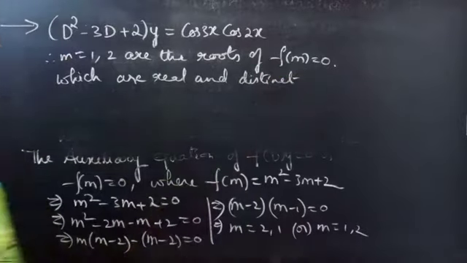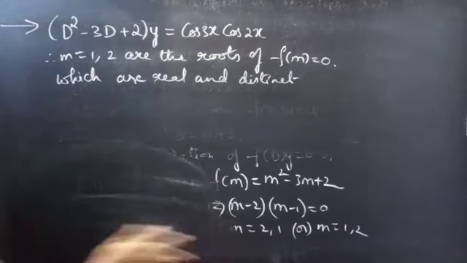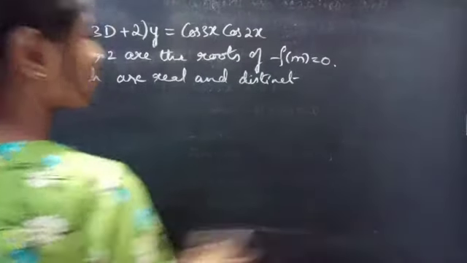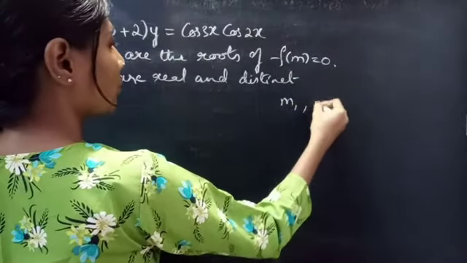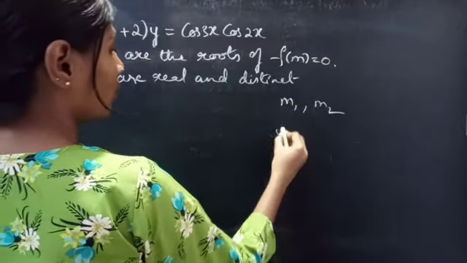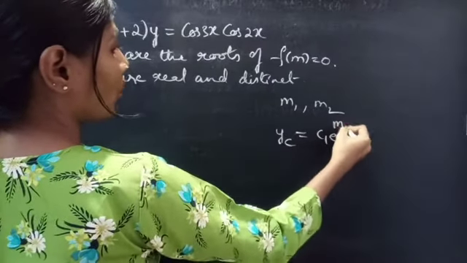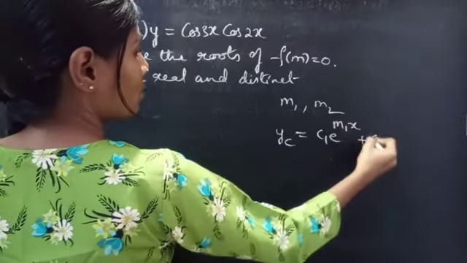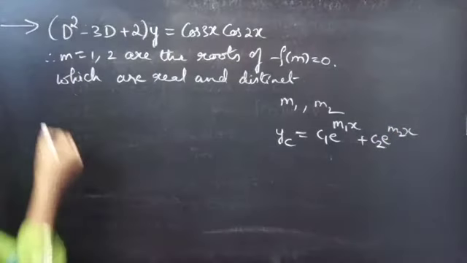So now we need to write the complementary function using the roots. We know that when two roots m1, m2 are real and distinct, then we can write the complementary function as a constant times e to the power of one root times x plus another constant times e to the power of another root times x.